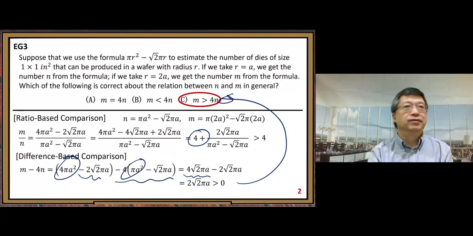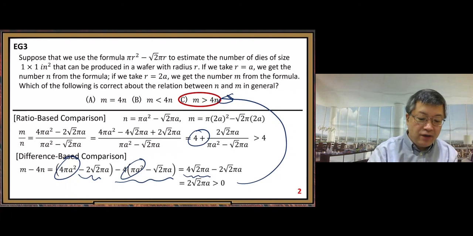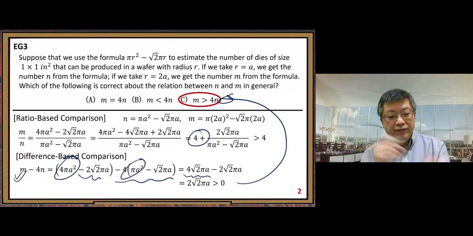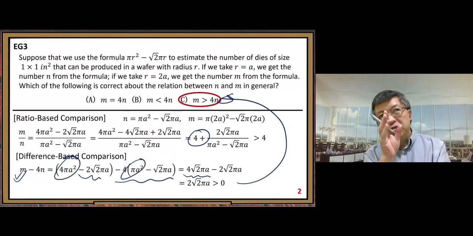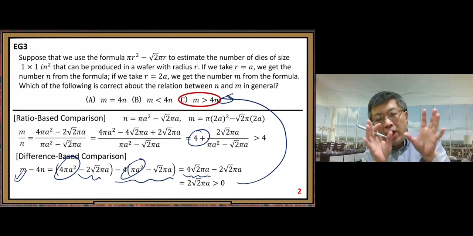Okay. All right. From the calculation point of view, it looks like the difference-based method is a little easier in this question, a little easier than the ratio-based method. But the ratio-based method has a small advantage in one way.